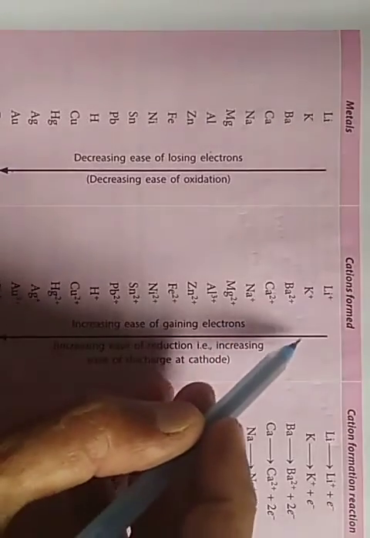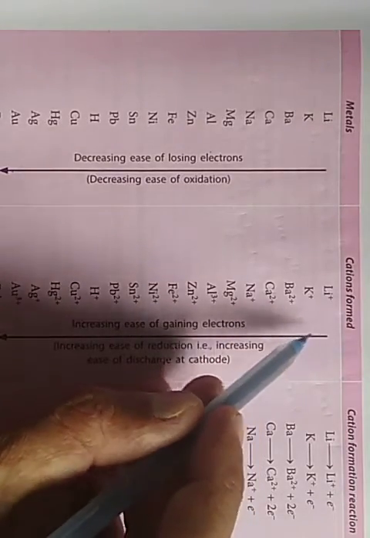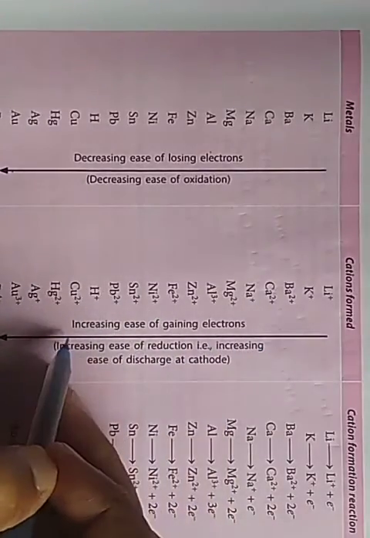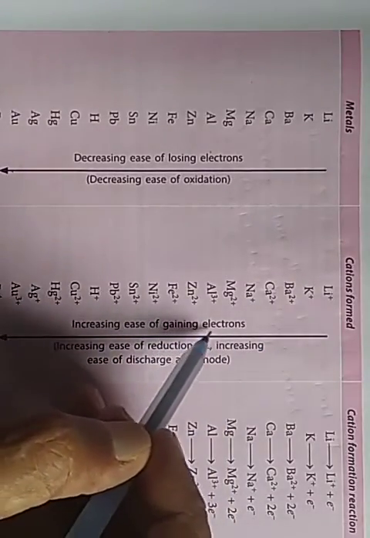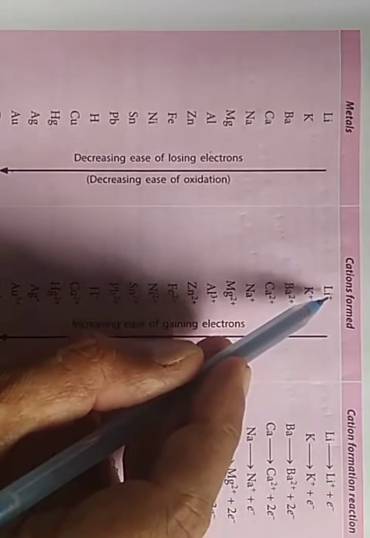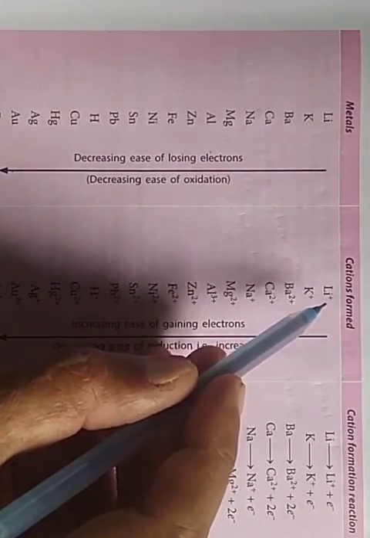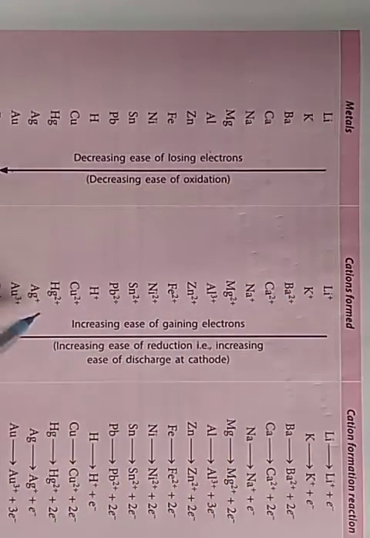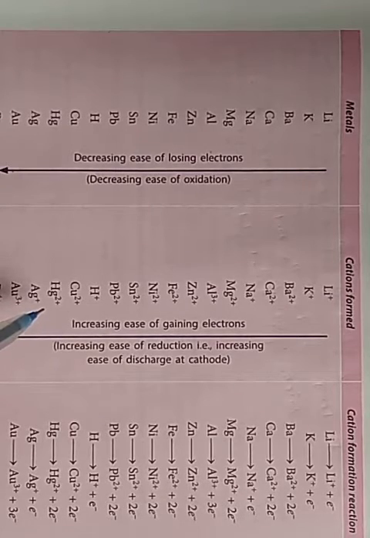When we move from top to bottom, the metals have an increasing ease of gaining electrons. That means lithium has very little tendency to gain electrons, but silver or mercury has a very easy tendency to gain electrons.